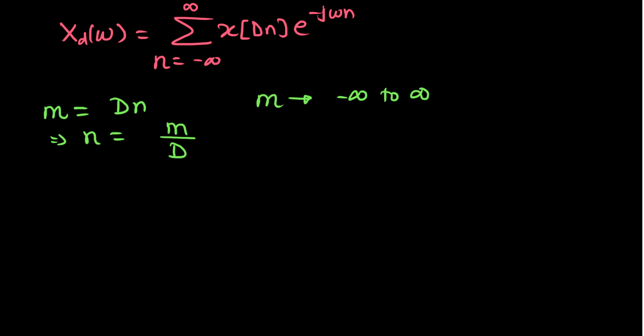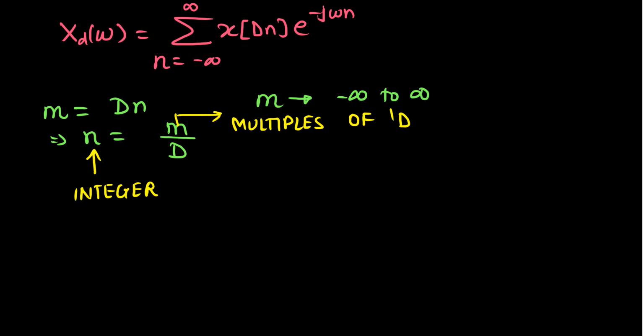But if we observe this equation carefully, we know that n is basically an integer, which means that m has to be in multiples of d, so that n is an integer.